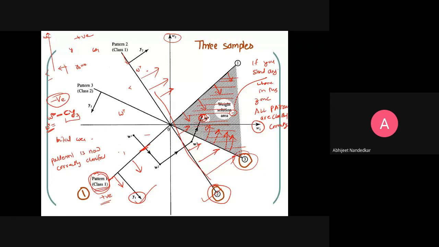Once you reach here, you do not change your weights. So we say that your perceptron or neuron is trained for the given samples.